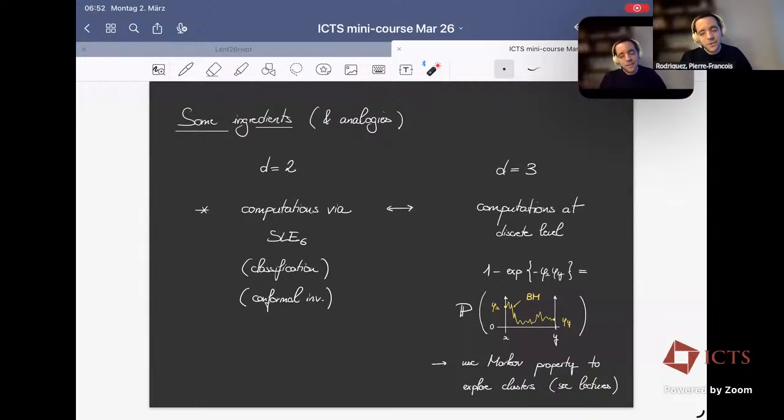And the reason I mention this is that you can now use it to explore clusters. For instance, if you have a point, let's say 0, and you want to explore the cluster above level 0 around you, you can do so in a continuous way. You can really stop when you hit the value 0. And this Markov property is extremely important.